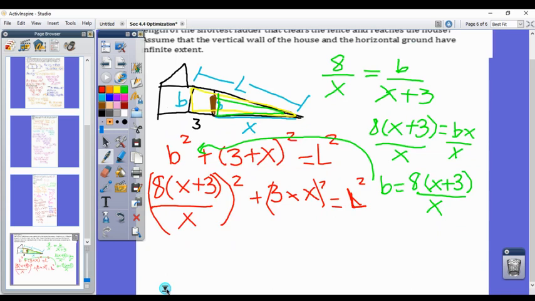The first thing I'm going to do to simplify this is bring the squared into everything, but not actually do anything out. I'm going to say 8 squared times x plus 3 squared, all divided by x squared. Plus, I'm just going to rewrite this one so it says x plus 3 squared instead.